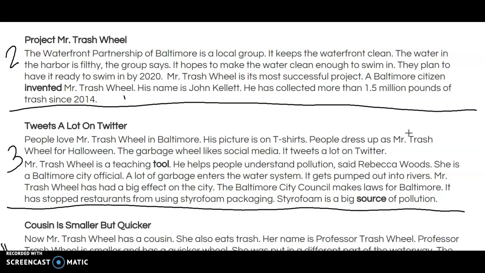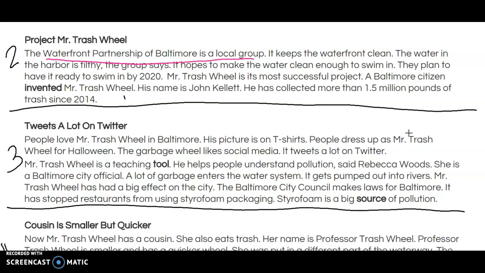A Baltimore citizen invented Mr. Trash Wheel. His name is John Kellett. He has collected more than 1.5 million pounds of trash since 2014. So let's go through and underline our most important facts. What about the Waterfront Partnership?